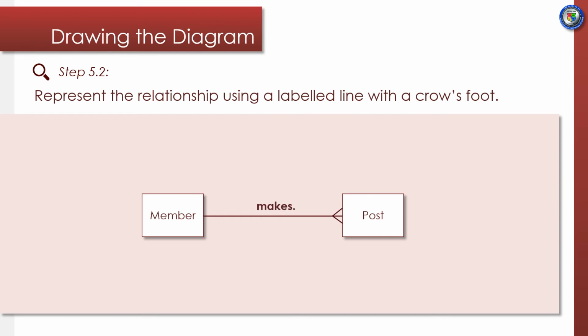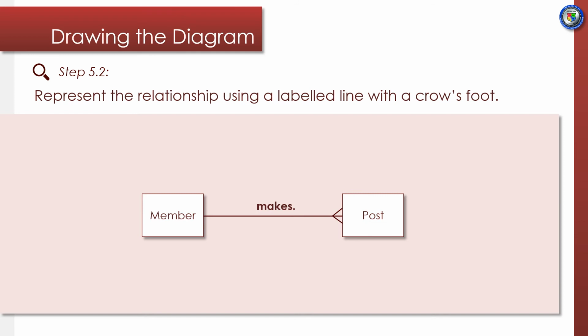We would then insert our relationship, followed by the cardinality, highlighted by the crow's feet in this case, and a description of the relationship. This is also important.